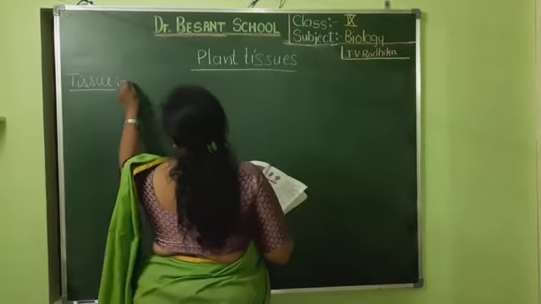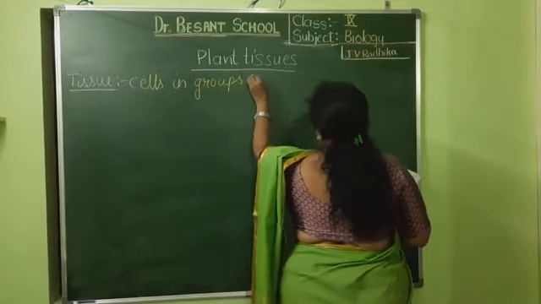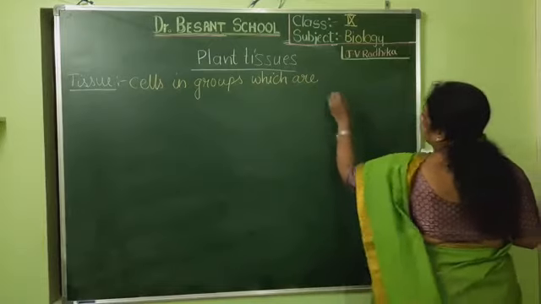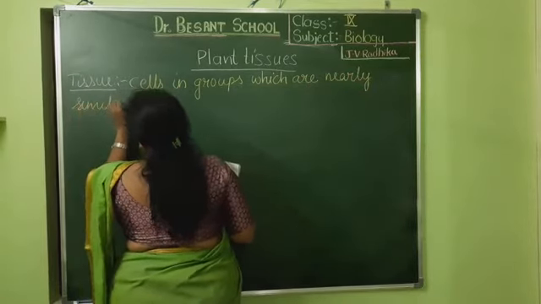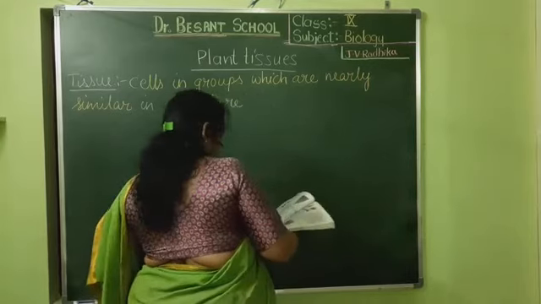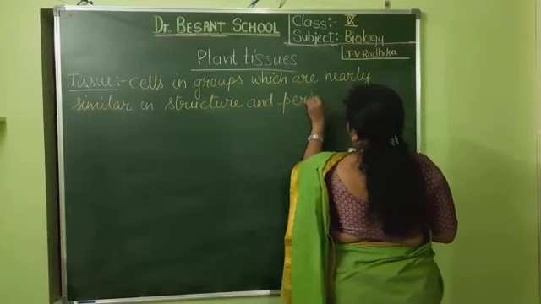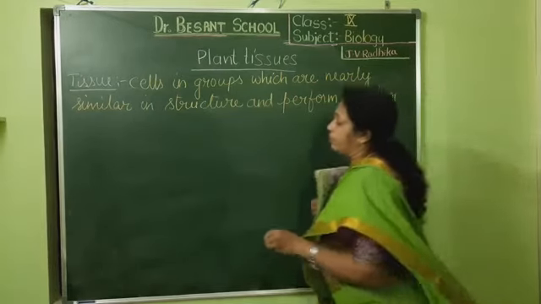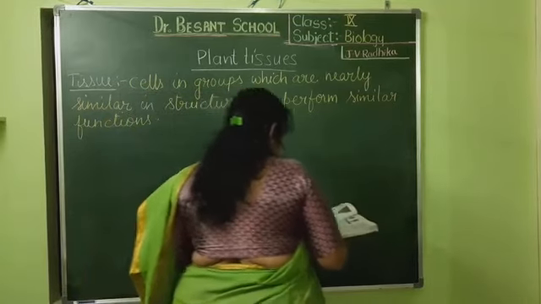Cells in groups which are nearly similar in structure and perform similar functions. Such a group of cells are called tissues.